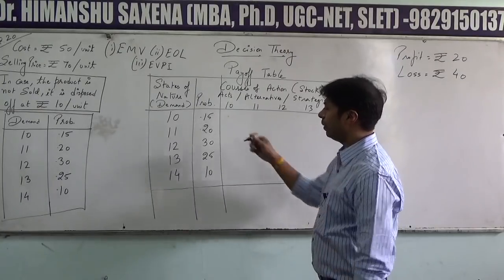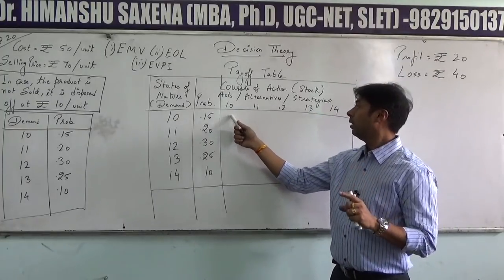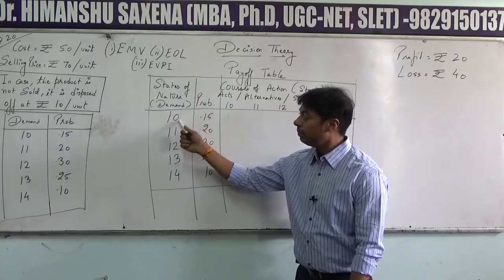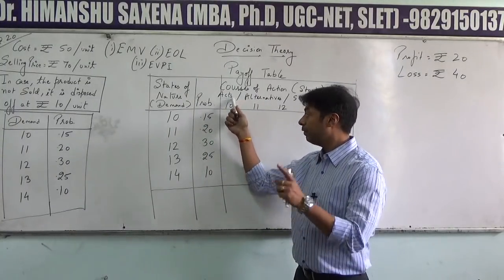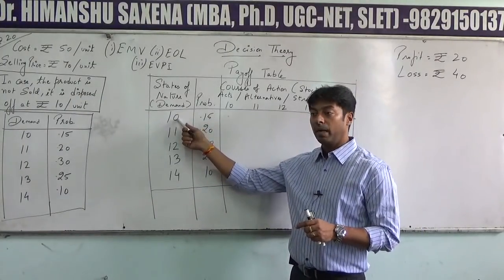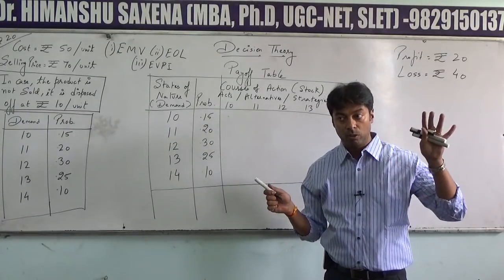So looking at the first place, please pay attention. Over here, a decision maker has a stock of 10 units, and in the market the demand is absolutely of 10 units. Now if you are having 10 units as a stock, and if the customer is demanding 10 units, what will happen? All the 10 units will be sold off.